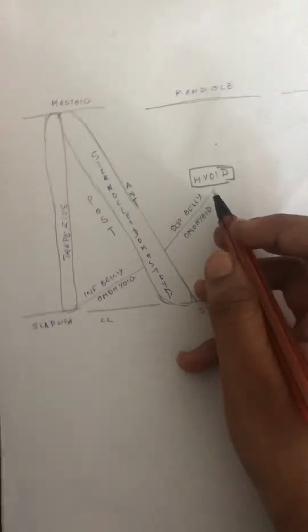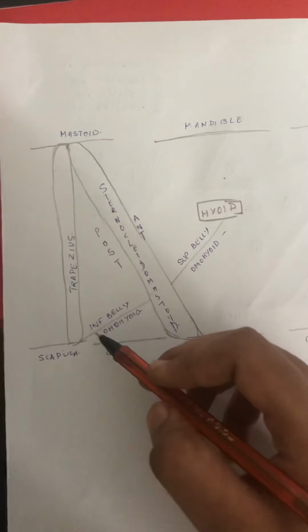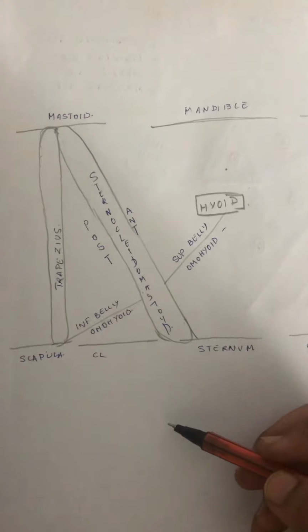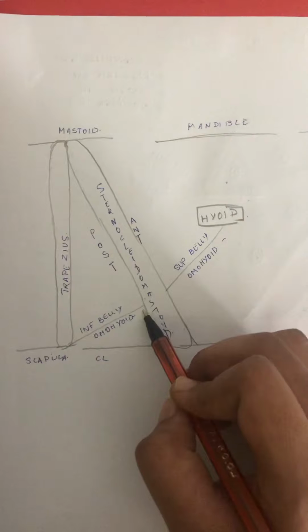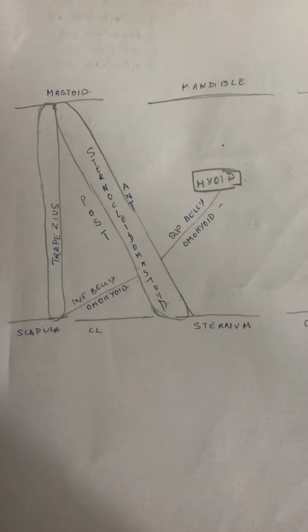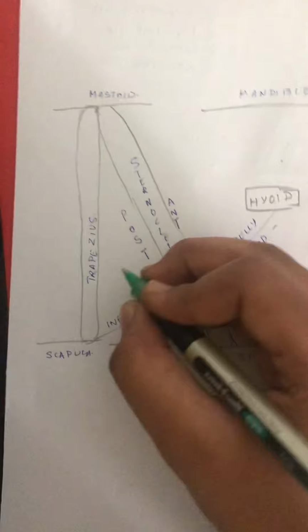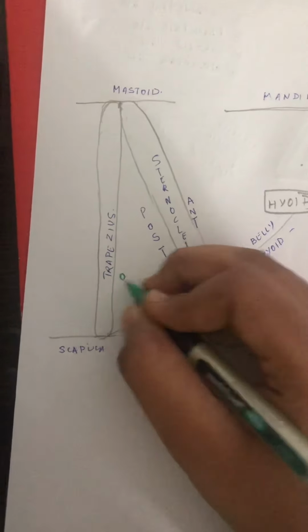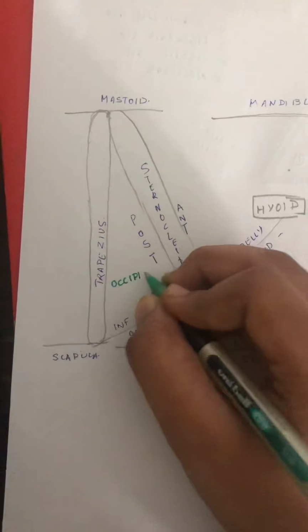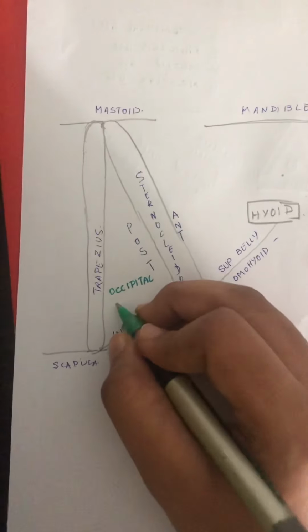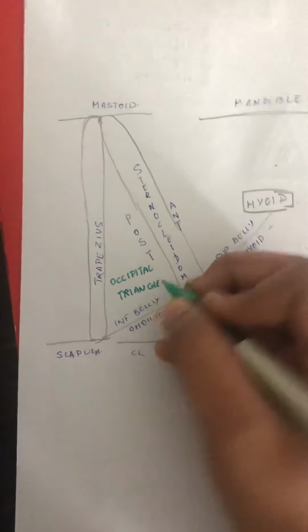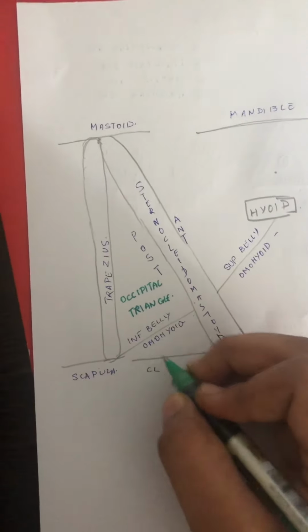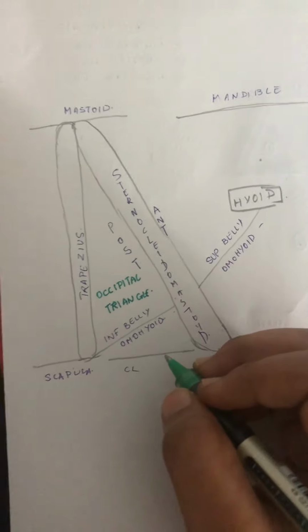So it's omohyoid muscle. This is the posterior triangle of the neck, and it is divided into two parts by the inferior belly of omohyoid muscle. The upper part is called as occipital triangle, and the lower part is called as supraclavicular triangle for a reason, because it is present above the clavicle bone.